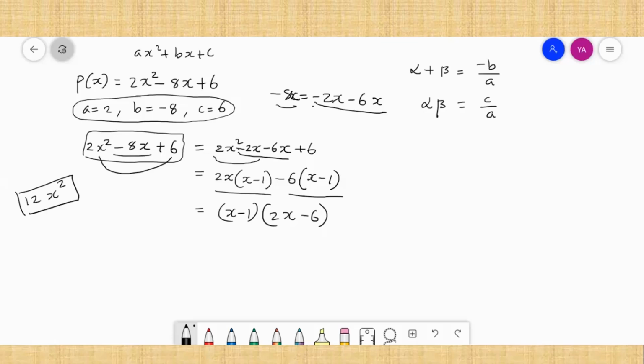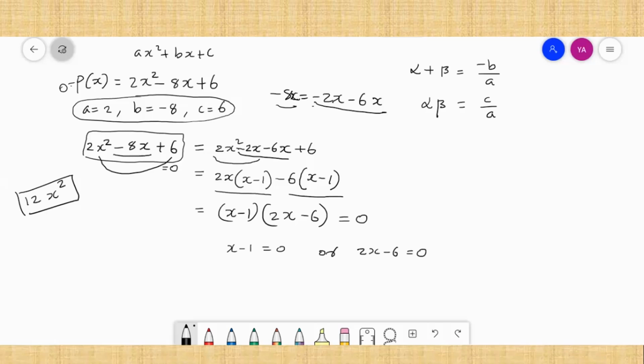For the product of two first degree polynomials to be 0, there are two chances. One, x minus 1 is equal to 0, or 2x minus 6 is equal to 0.